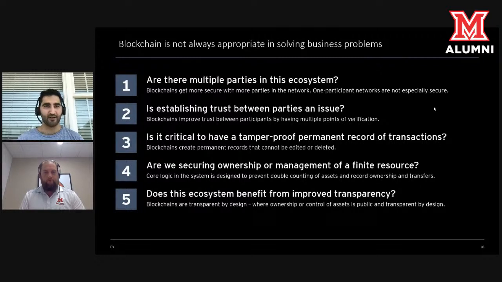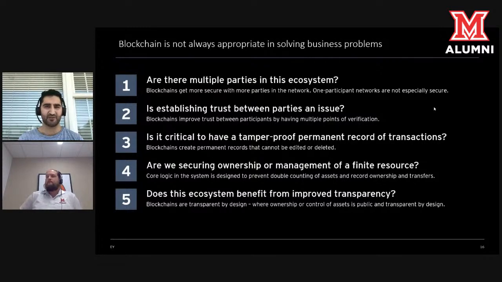And so in that regard, if there are not multiple participants in the ecosystem, and they don't necessarily have to be between organizations, we've actually found that there's some international companies that have different subsidiaries across the globe, and we could actually get some benefits there for multiple parties. So they don't necessarily need to be external parties, but we definitely need multiple parties to find value in a blockchain solution.